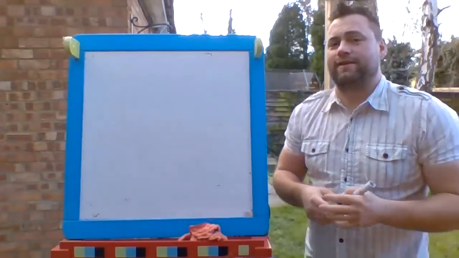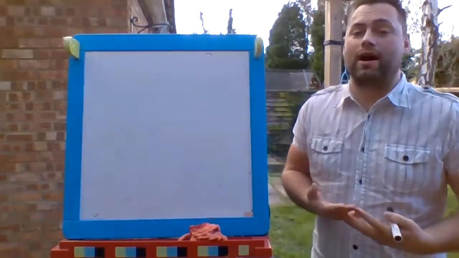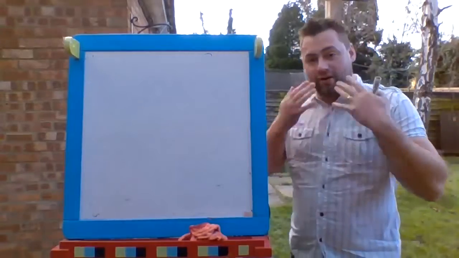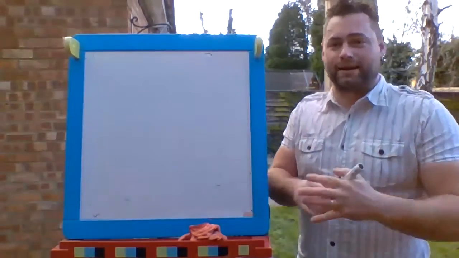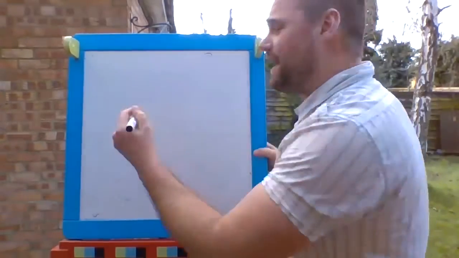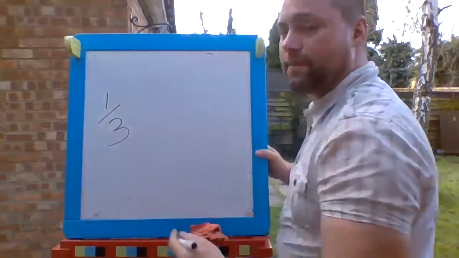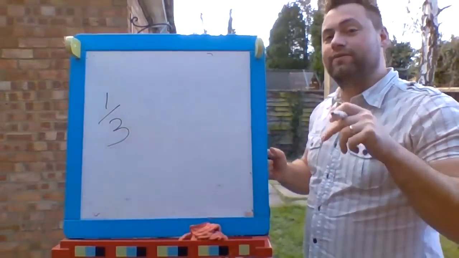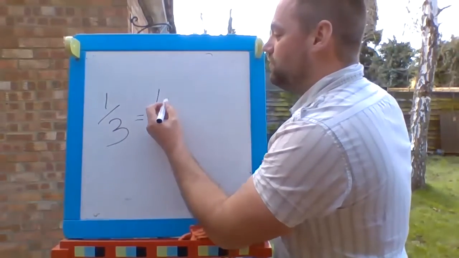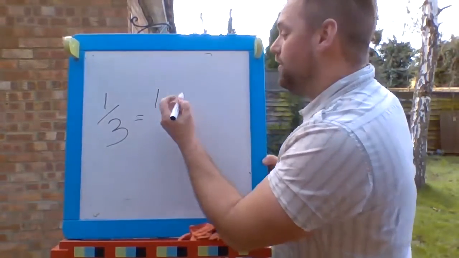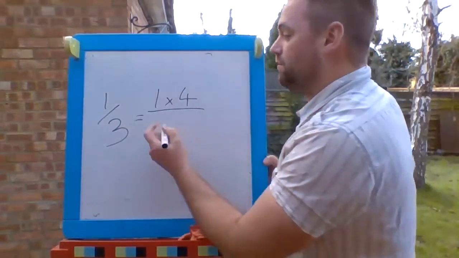You can find equivalent fractions by multiplying or dividing the numerator and the denominator of a fraction. Let me explain that. So let's say I had 1/3. I can find equivalent fractions for 1/3 if I times the numerator, let's say by 4. Whatever you do to the top, you have to do to the bottom.